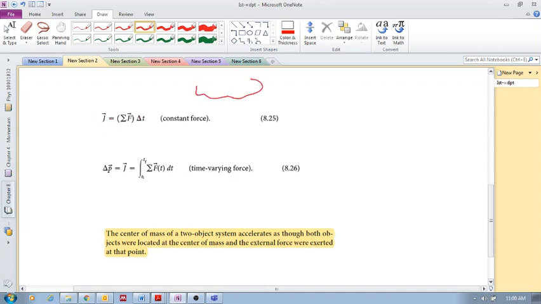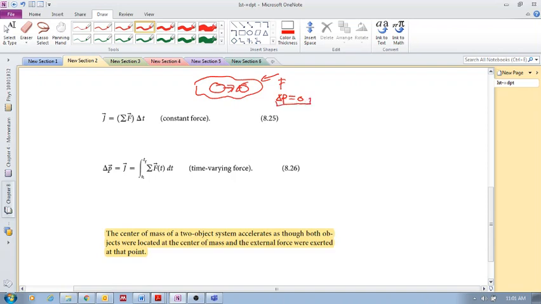Remember that if we have a system, we could have objects inside the system interacting. As long as there's no external forces being applied to the system, then we know that the momentum, delta p, doesn't change. But if there is an external force being applied to the system, then we will have a change in our momentum.